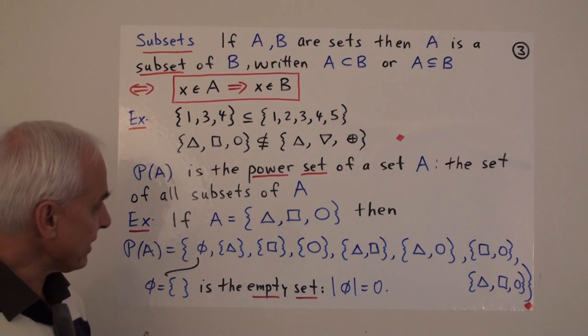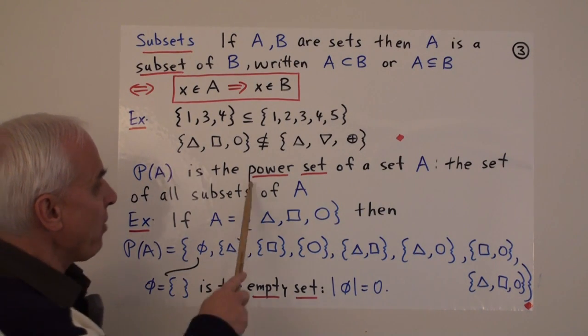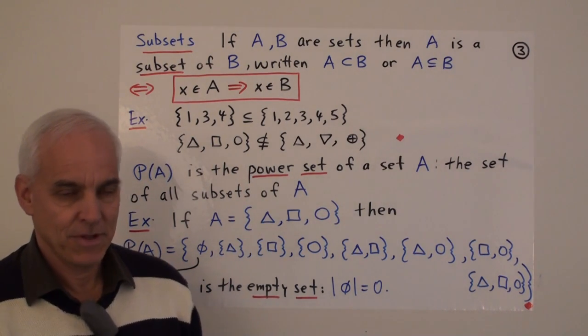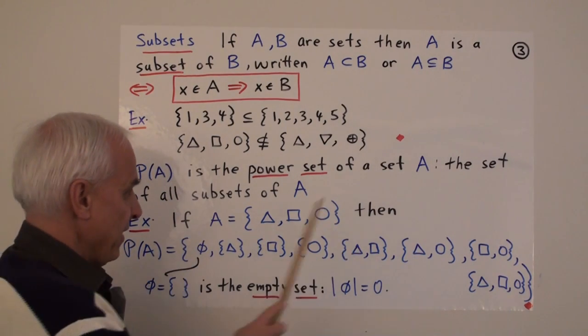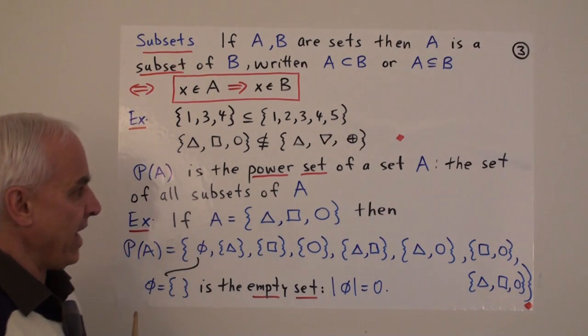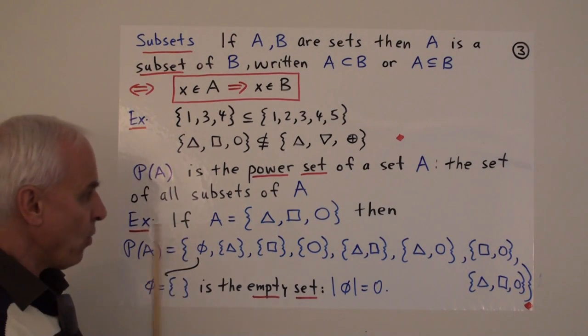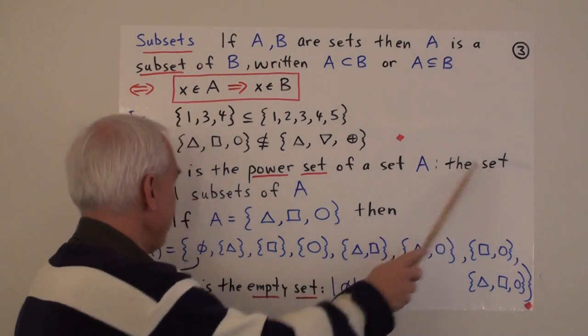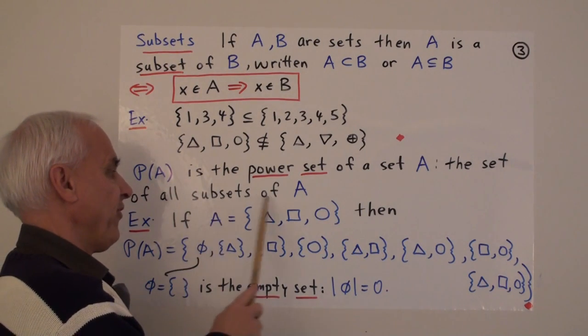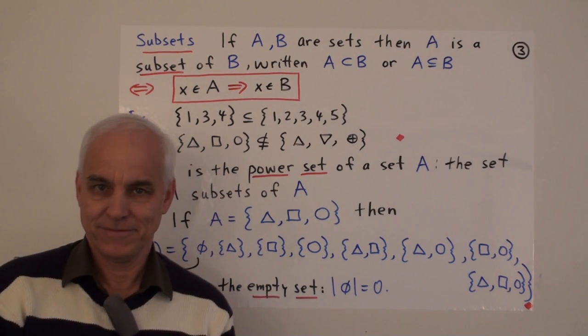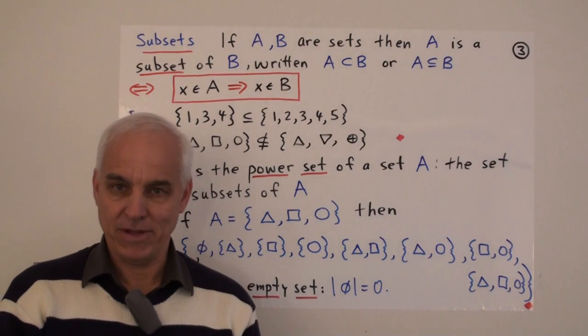And I'll mention this interesting construction of the power set of a set. So if you have a set A, then the power set of A, often denoted P of A. What is it? It's the set of all subsets of A. Takes a bit of thinking about what that means.